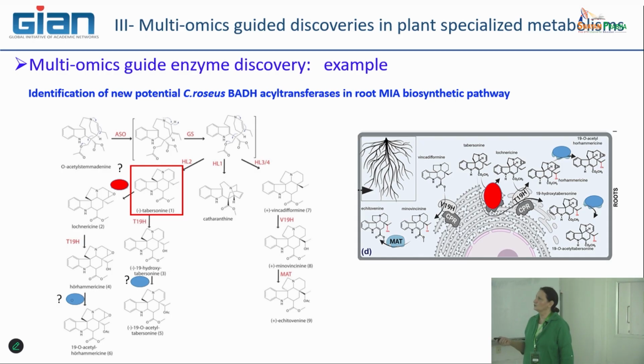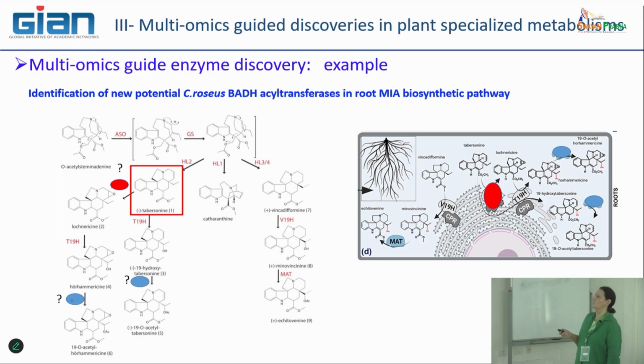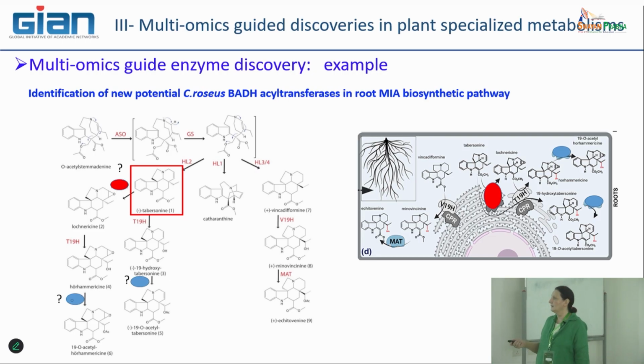But they share the first precursor, tabersonine, because tabersonine is produced in the leaf, and afterwards it is driven across the xylem and phloem to the roots, and in the roots it can be used as a precursor for the biosynthesis of several other sets of alkaloids that also have very nice biological activity, in particular lochnericine, but also acetyl tabersonine and acetyl hydroxytabersonine.